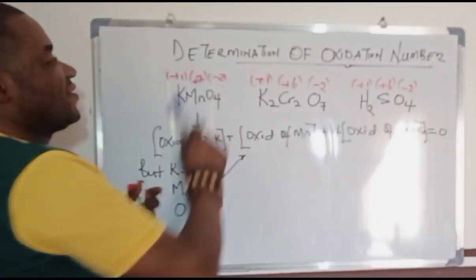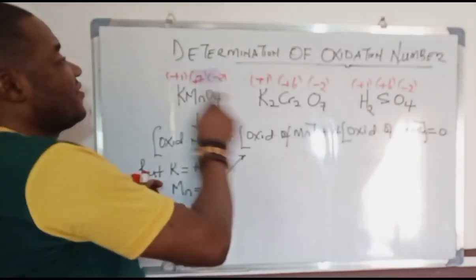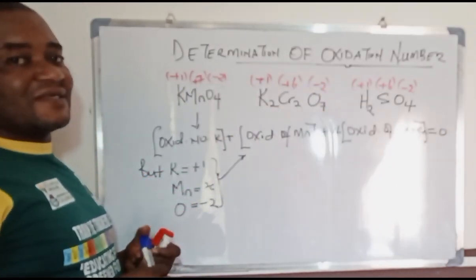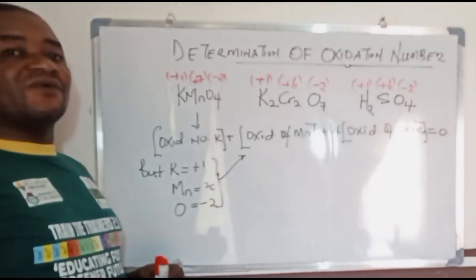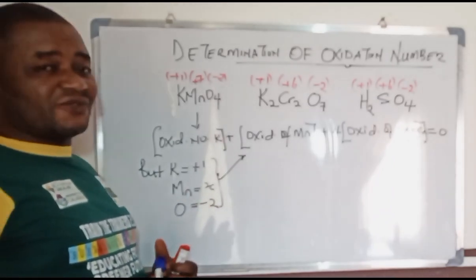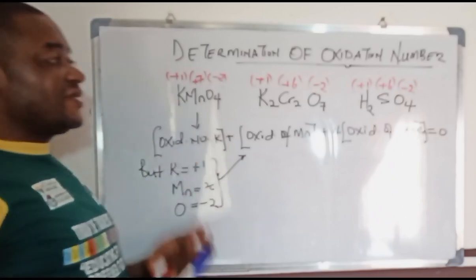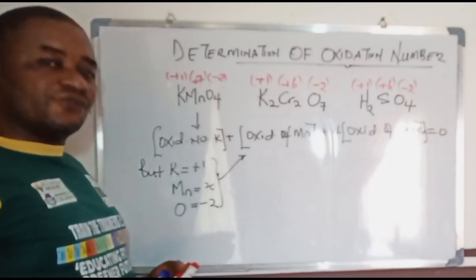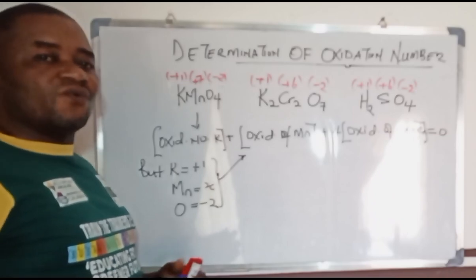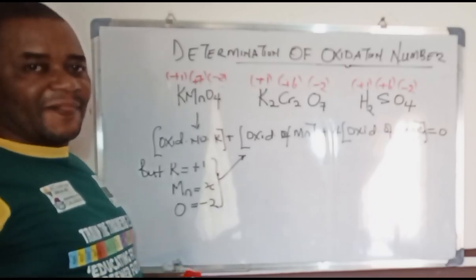Remember that you will not be given any of these red oxidation numbers here. You will just be asked to calculate. You need to know what the oxidation state of calcium is, of potassium is, of oxygen is, of hydrogen is. As a chemist, you need to know what their oxidation states are.